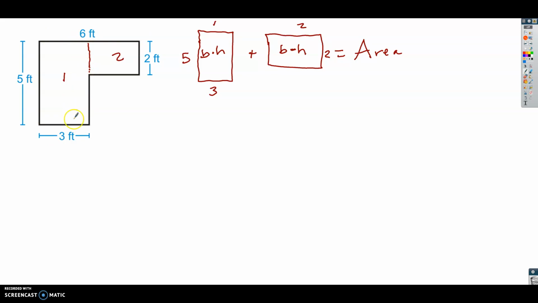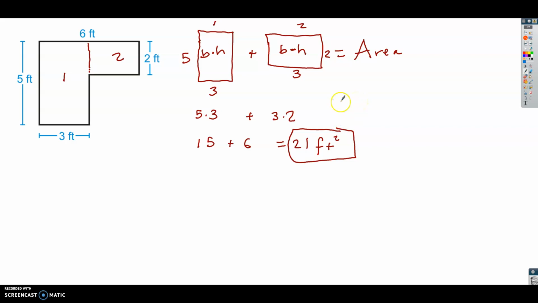So 6 minus 3 gives me 3. So base times height, that's going to be 5 times 3 plus 3 times 2. So I have 15 plus 6 equals 21. And since we're dealing with area, my units are going to be square feet, or whatever your units are, they'll be your square units.